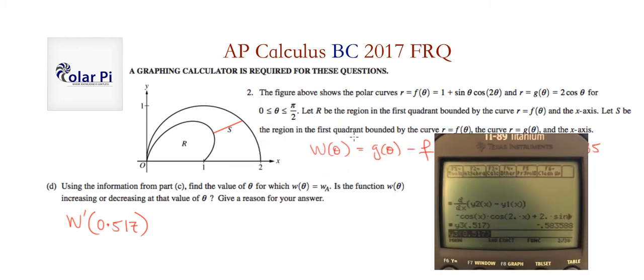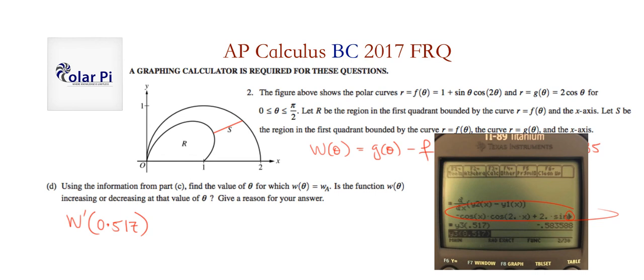Then I did y2 of x minus y1 of x, and that means I have w of x, or in other words, w of theta. And then this ddx means take the derivative of it. So I took the derivative of w of theta, or w of x for calculator purposes. And then I got this long derivative, so long that you can't even see it. You've got to scroll some more to see it.